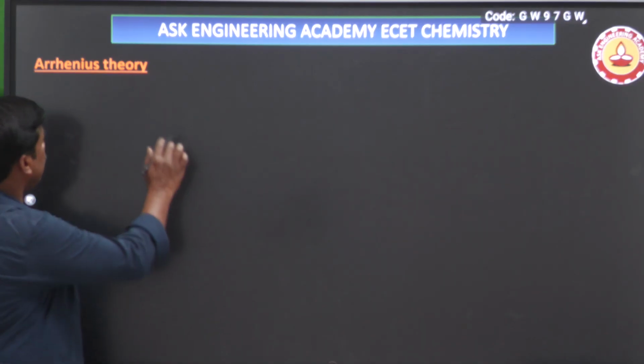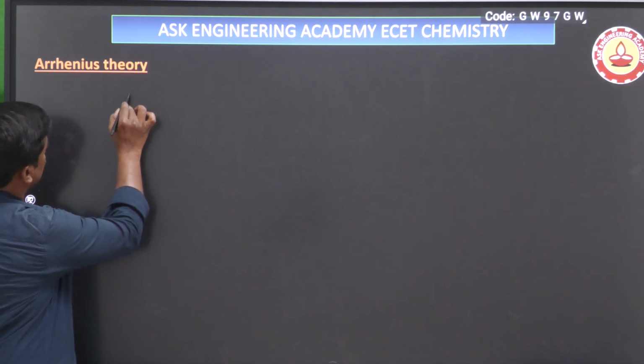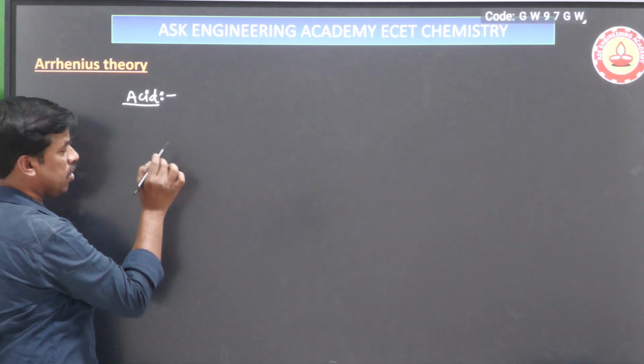Arrhenius theory of acids and bases. What is the definition of an acid?